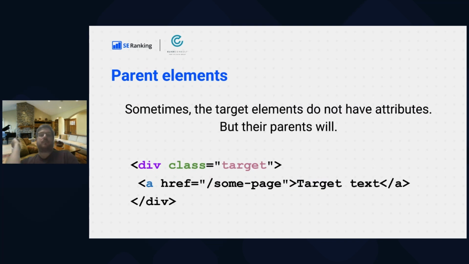Now, sometimes the HTML tag that you're trying to extract won't have a class, or it won't have any attributes at all. So, say in this example, I want to extract the anchor text of this link. Now, there's nothing within the A tag that is unique, so I will then want to target the HTML tag that it's contained within, so its parent element.